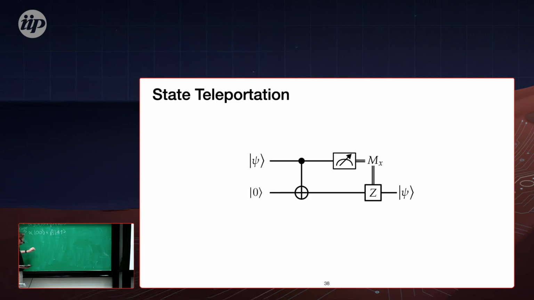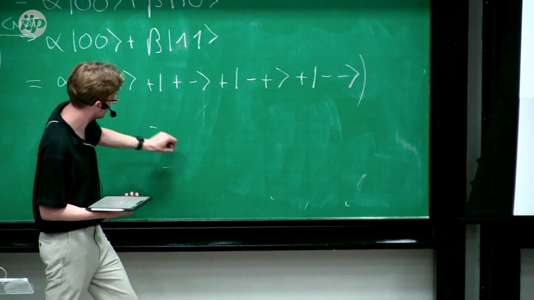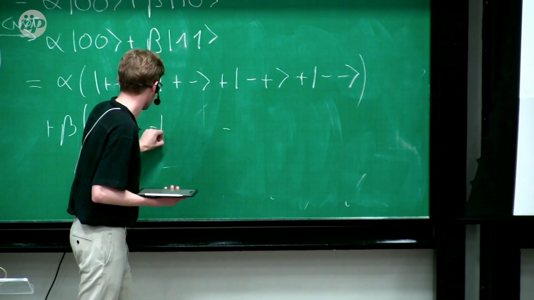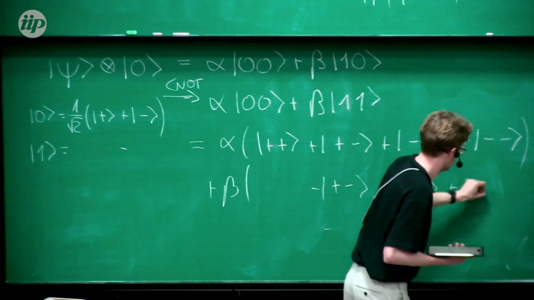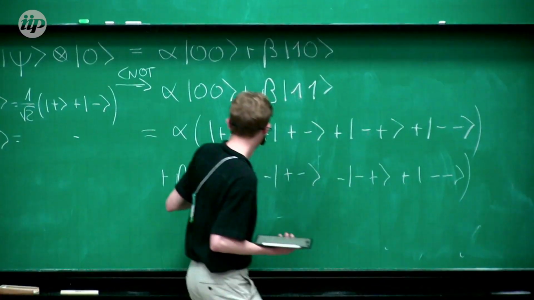So this is the same state as having alpha and then |++> plus |+-> plus |-+> plus |-->, plus beta with minus signs in front of those terms that only have one minus term.